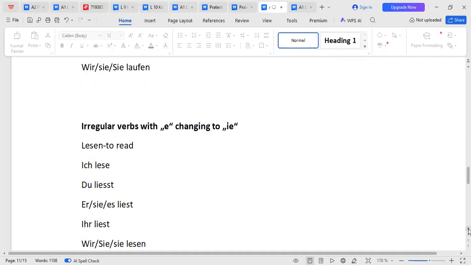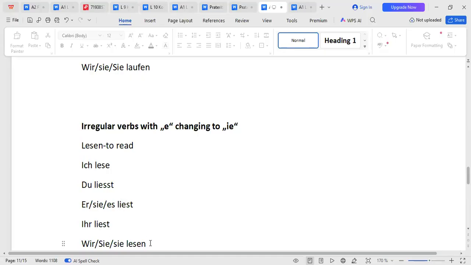We have irregular verbs with E changing to I E. For example, lesen. Lesen means to read. So we say ich lese. In du, this E changes to IE. So ich lese, du liest. Check here, du liest. Er, sie, es, man liest. Ihr liest. Wir, sie lesen.